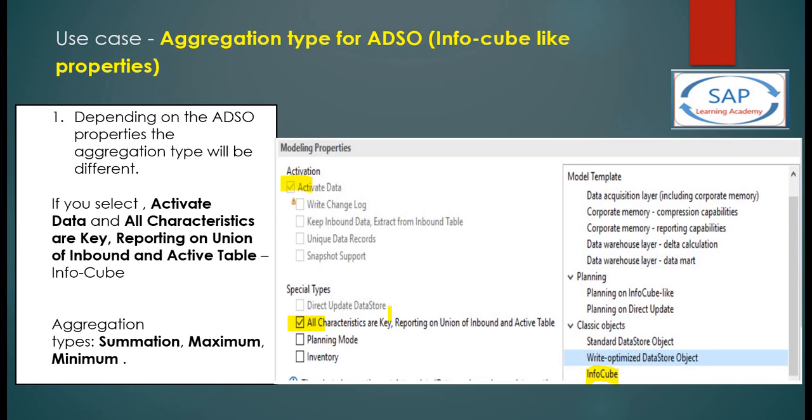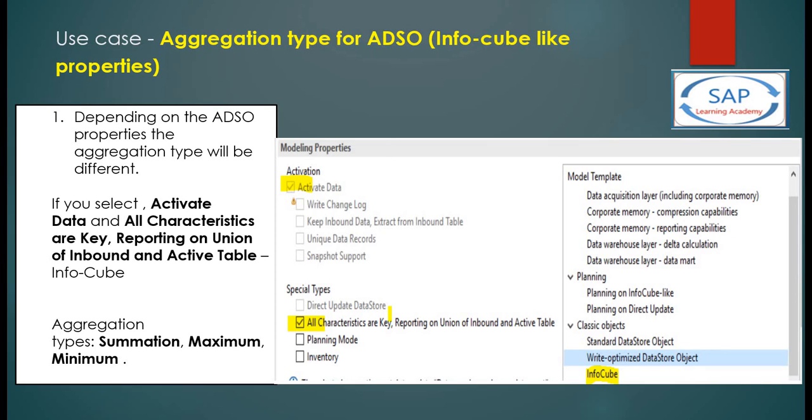This is the difference we have to know between creating the ADSO with standard, meaning with changelog, or creating the ADSO with InfoCube-like. When we are creating the InfoCube-like ADSO, we cannot have the option for override. It will always be summation. But in the case of standard ADSO, we have all these options.